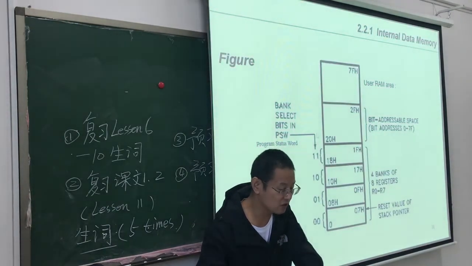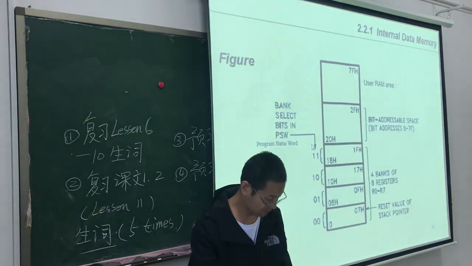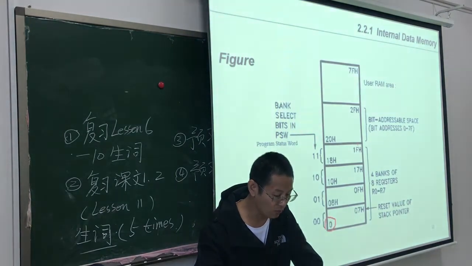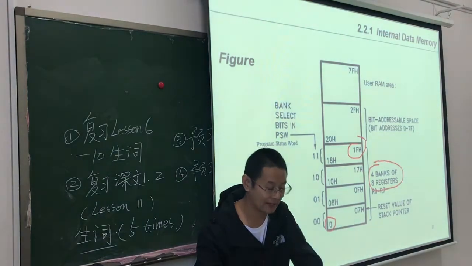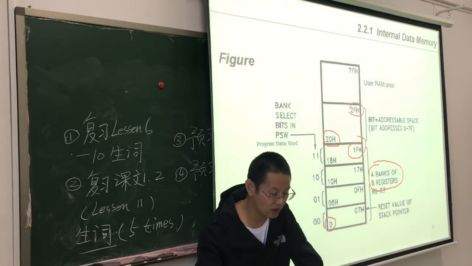This figure tells the distribution. 00 to 1F is for 4 banks of 8 registers. 20H to 2FH is the bit addressable space.